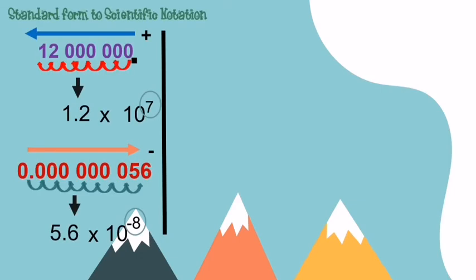As you can see here, if you will express a standard form of a number into its scientific notation, and you move your decimal point to the left direction, meaning your exponent will become positive. As you can see here, it is positive 7. And when you move your decimal point to the right direction, meaning your exponent will be negative.